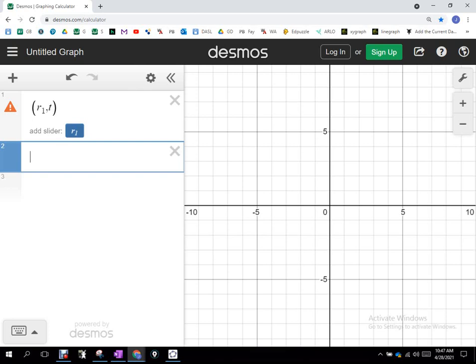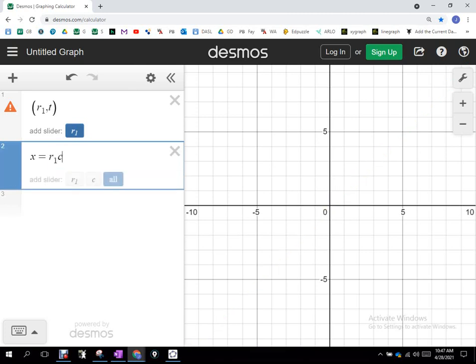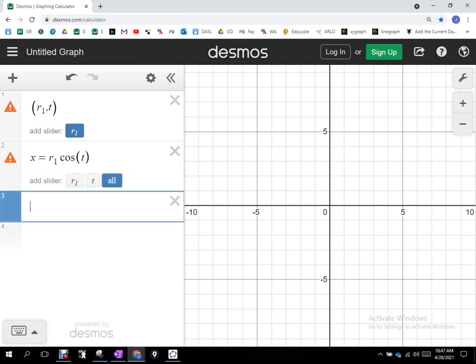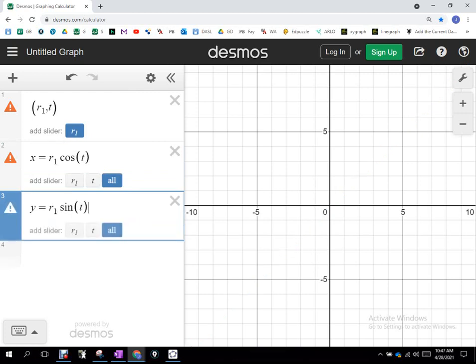But if I have r comma theta, think about what we just did. We said the x value was r times the cosine of theta. And the y value was r times the sine of theta, correct? Okay.